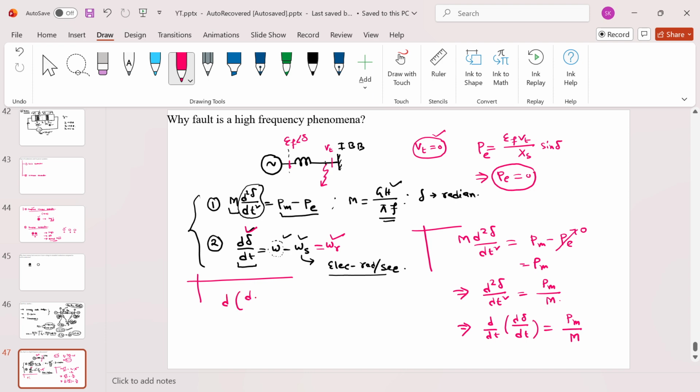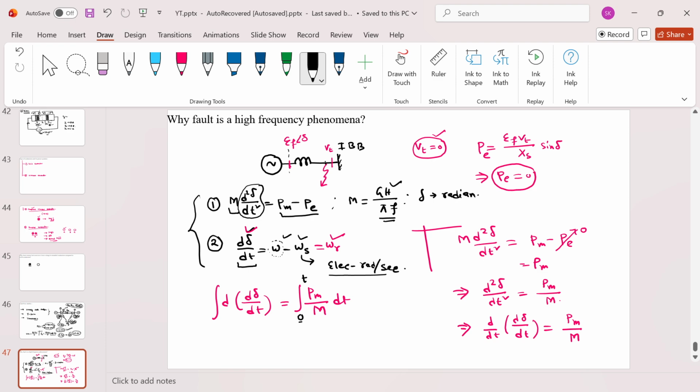Now take the integration of d of d delta by dt equals Pm by M dt. Let's say the fault occurred at t equal to 0, so the lower limit will be 0. I want to know d delta by dt at any time t.